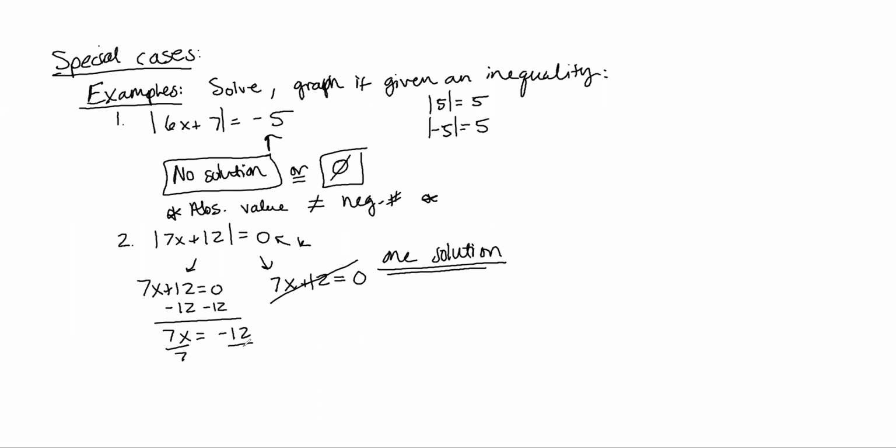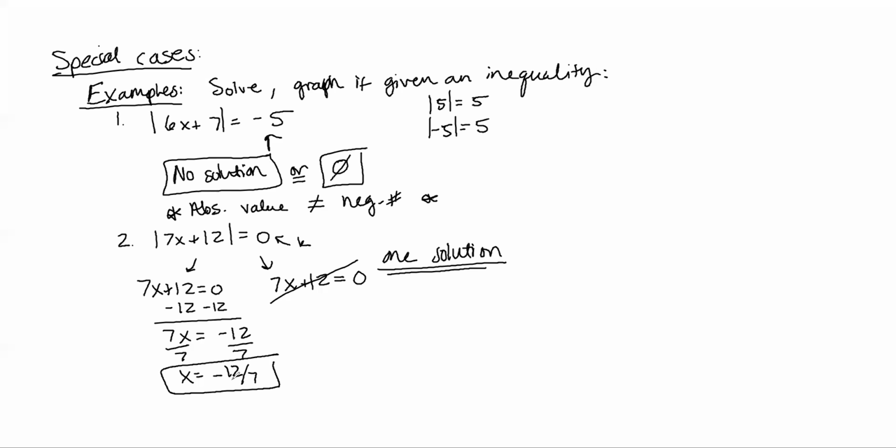Divide both sides by 7, and we get x equals negative 12 sevenths. So we can get negative numbers as answers, but we can't have negative numbers on the right. And if you have 0 on the right, you only have one solution. It's a little different when we have inequalities though, and we'll see that in a second.